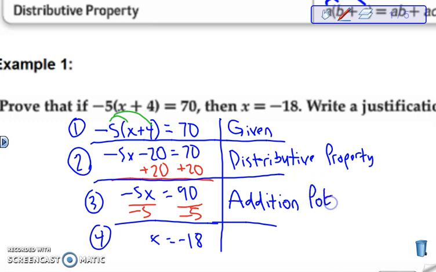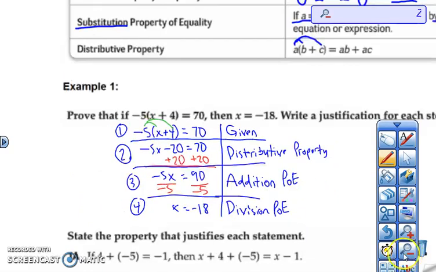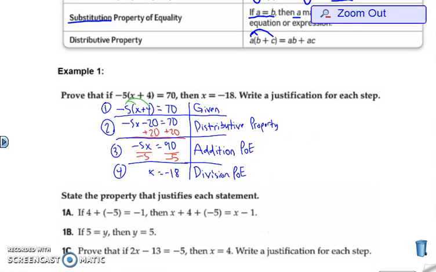And that is the addition property of equality. Notice I'm writing POE as a shortcut. And finally, we divided everything by 5, or negative 5 in this case, so we use the division property. So when we do formal proofs, this is what it's going to look like.